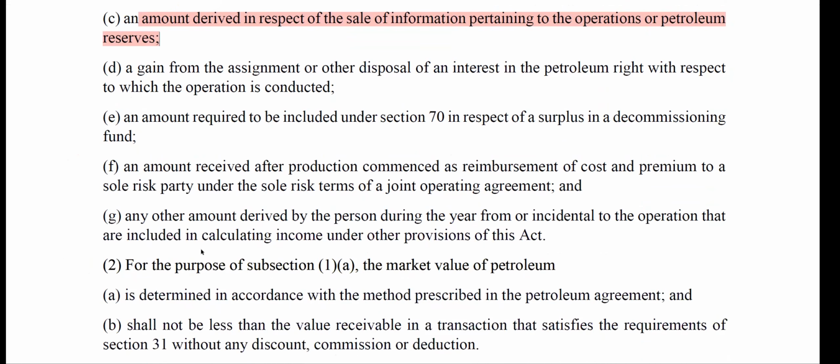Now, any amounts derived by the person during the year from or incidental to the operation are included in calculating income. So if we decide to do a joint arrangement and at the end of the day a surplus comes and we are all enjoying, it is also an income to me. It's incidental, because it happened because of the operation. In management accounting, we say directly attributable. Look, we are all going to cook food, and we bought fish.